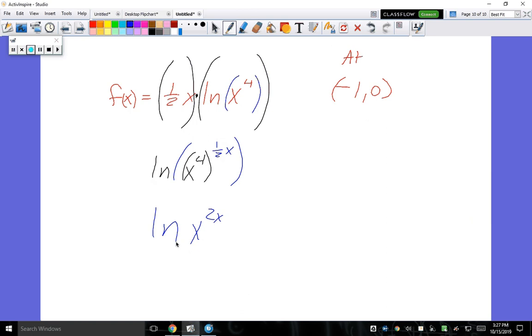Do you all agree? And then you just bring it back out, I guess. And then you could do 1 over the stuff times the derivative of the stuff. But do you know the derivative? Well, that's why I was saying bring 2x out after. Oh, and then bringing it back out? I mean, you can. That's fine.